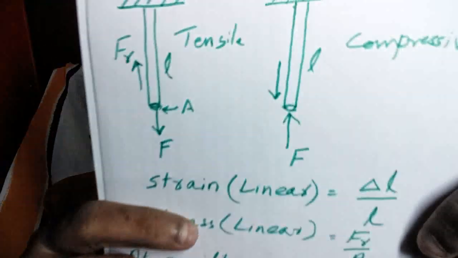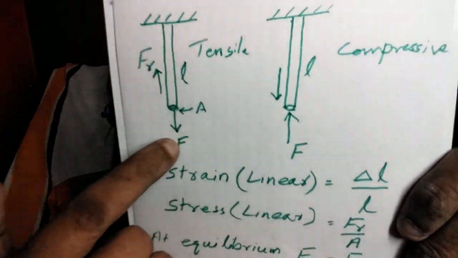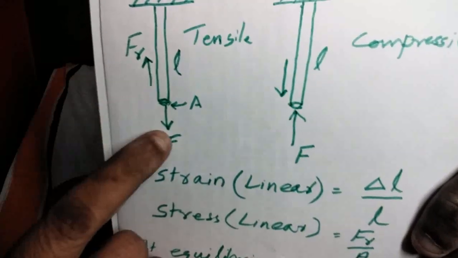Linear stress means restoring force developed per unit area when we try to change length of a body. But at equilibrium, this restoring force will become equal in magnitude to the applied force.